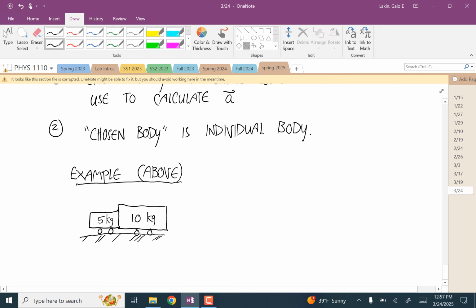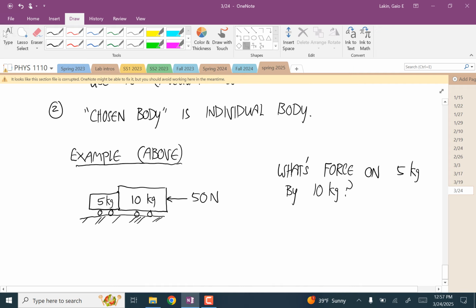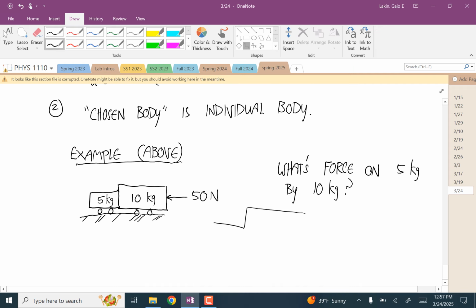And then we have a 50 Newton force pushing this way. And let's say what we want to calculate is the force on the 5 kilogram cart by the 10 kilogram cart. Okay?